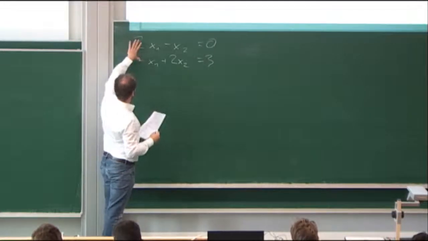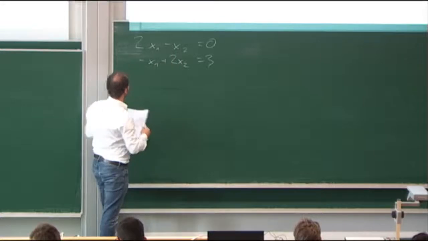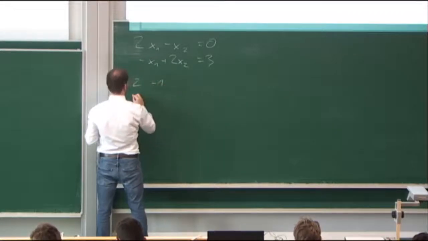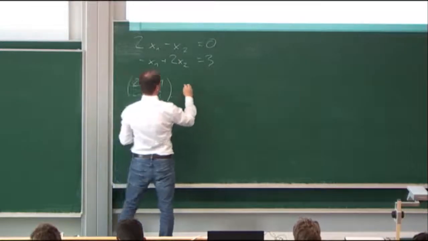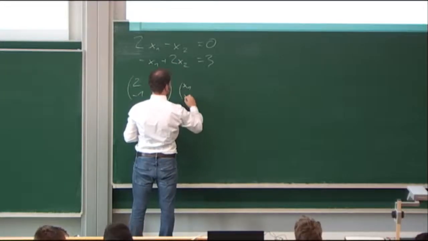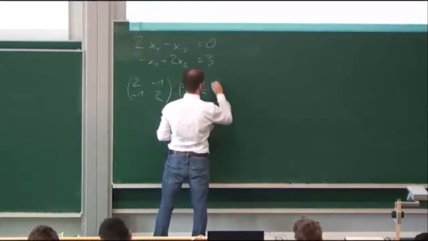If I take all the coefficients, which are 2 here, -1 here, -1 here, and 2 here, and I write them as a matrix, I say 2, -1, -1, 2. I put this into a matrix, and then I put x1 and x2 into a vector, and I also put 0, 3 into a vector.